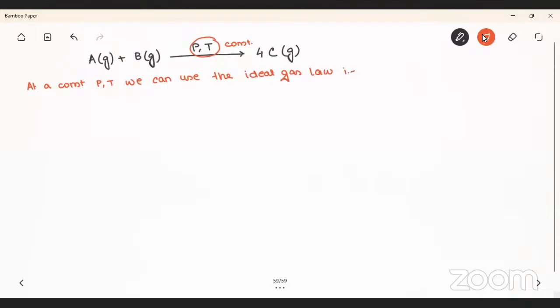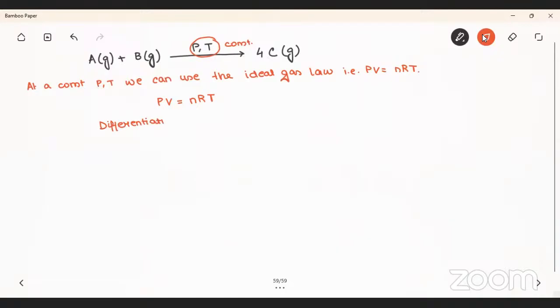That is PV is equal to nRT. So what is our first equation? PV is equal to nRT. Now, since you don't know differentiation, just trust me.